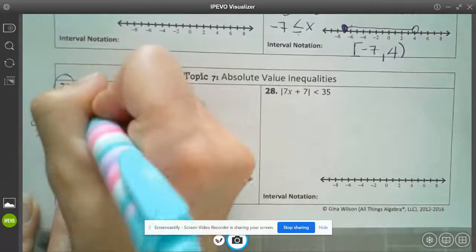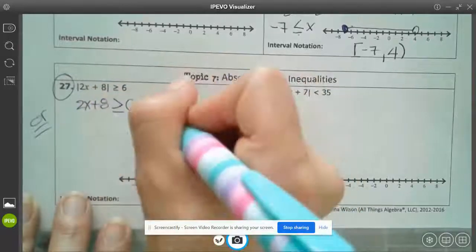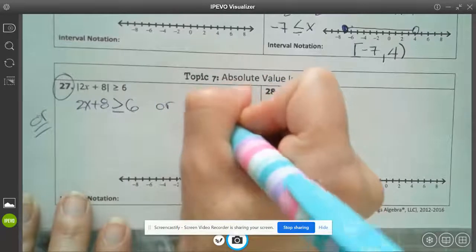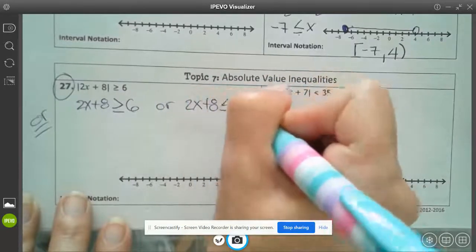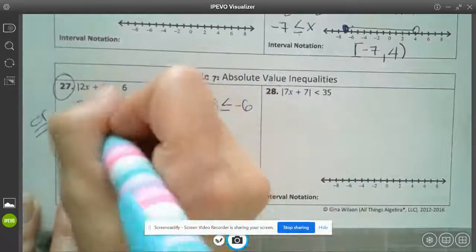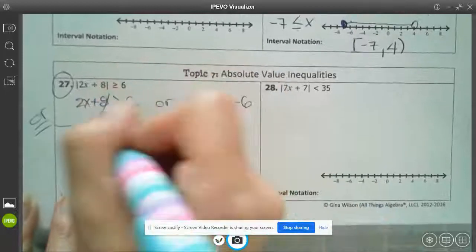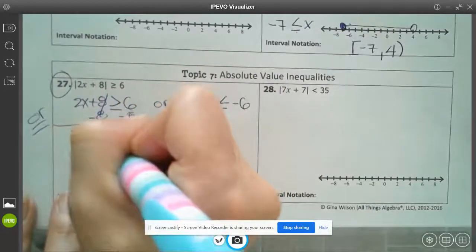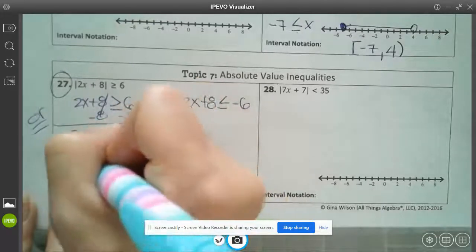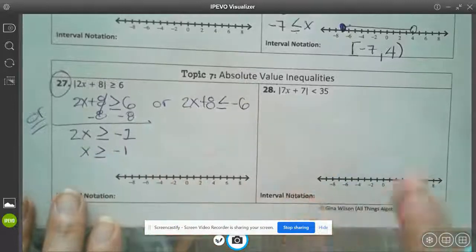So that's 2x plus 8 is greater than or equal to 6, or 2x plus 8 is less than or equal to negative 6. So we have to flip them, right? Then negative 8, minus 8, that goes away. And then I have 2x greater than or equal to negative 2, and then x is greater than or equal to negative 1. That's my answer because I divide by 2, right?